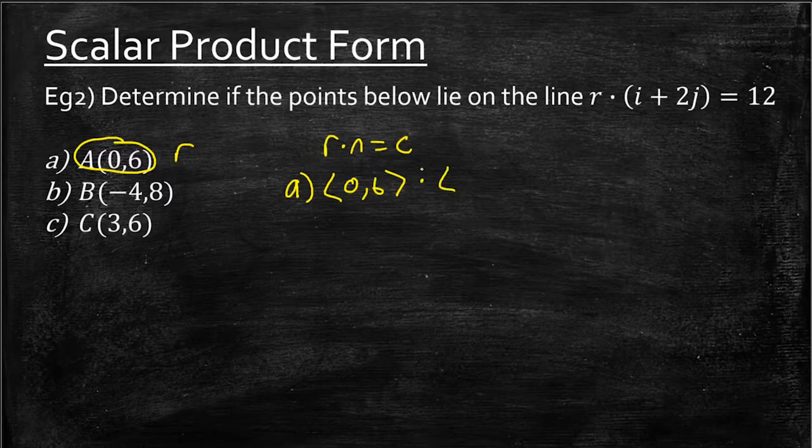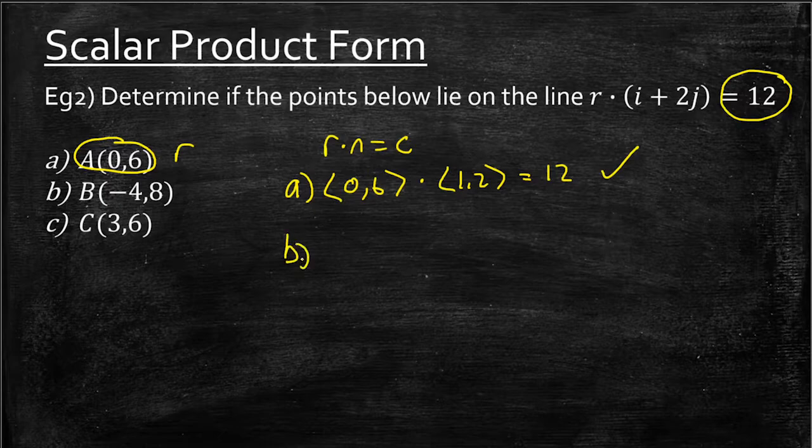And we're going to find the dot product with that and 1, 2, because that's the normal vector to the line. And when we find that, 0 times 1 is 0, plus 6 times 2 is 12. Now, because that's the same as this 12 here, the point A does lie on the line, because it does satisfy this equation that r dot n equals 12.